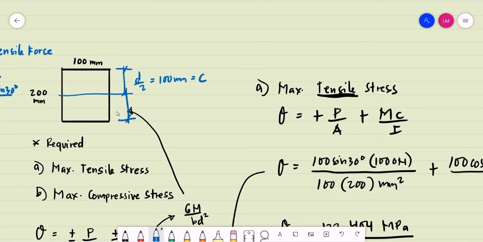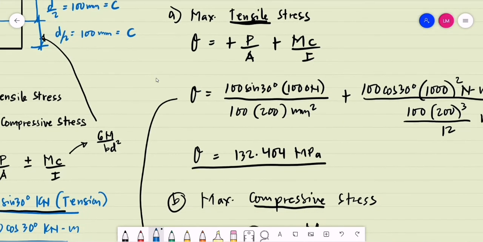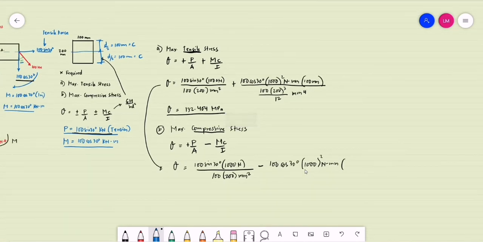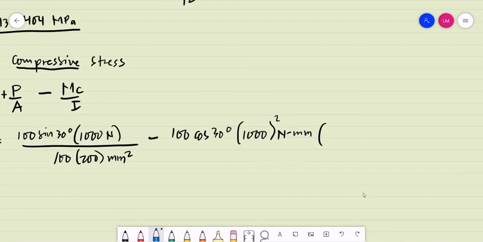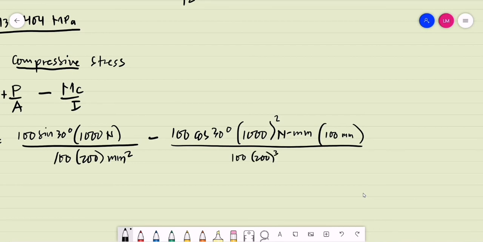For rectangular, obviously it is the same as D over 2, so the same as 100 millimeters. This is divided by the moment of inertia, 100, depth is 200, divided by 12.